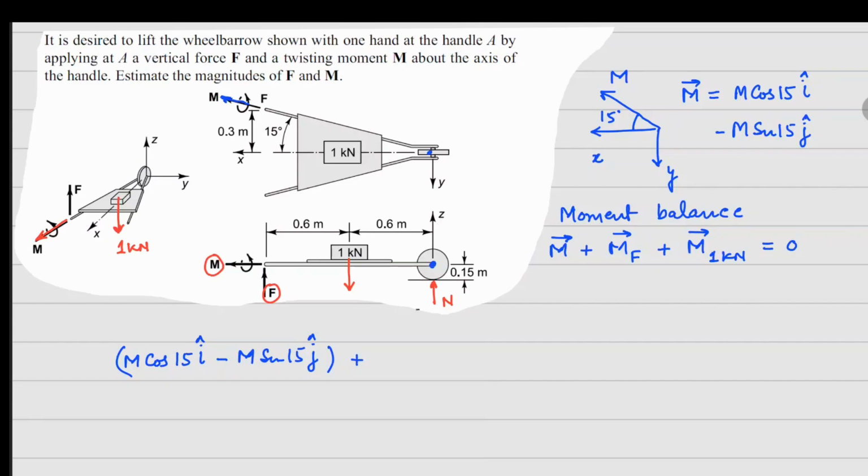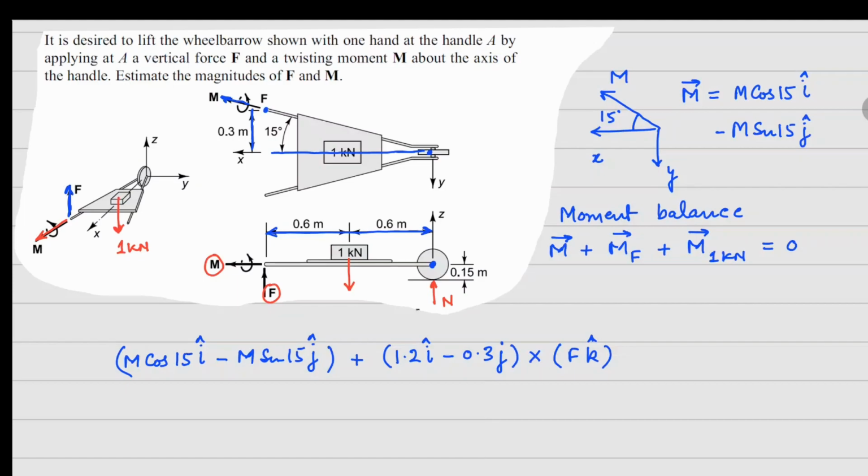So with respect to this point right here, your F is acting right here. So in X we are moving this distance, which is this right here. So I can write 1.2 i cap, and in terms of Y we are moving this distance right here, so minus 0.3 j cap, and the force is acting upwards, which is matching the direction of your k cap, so F k cap.